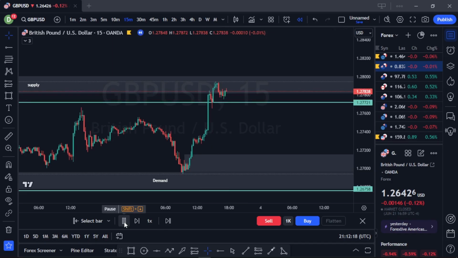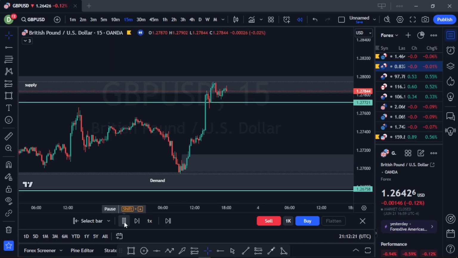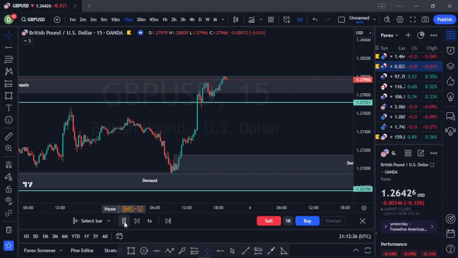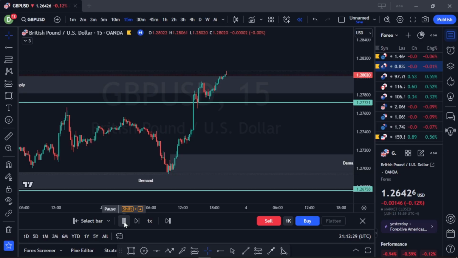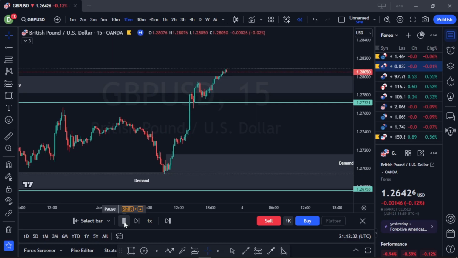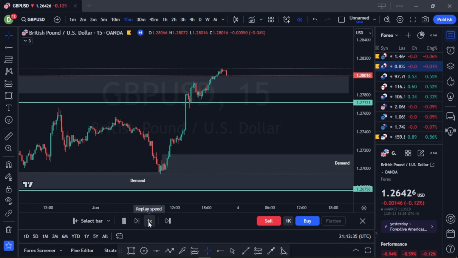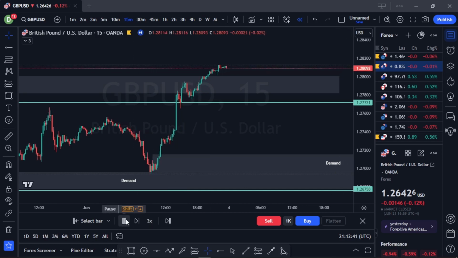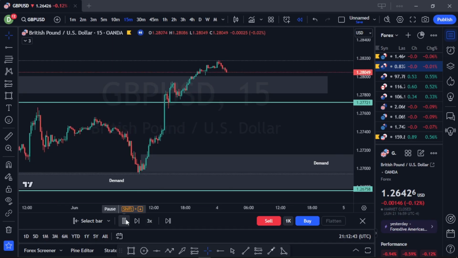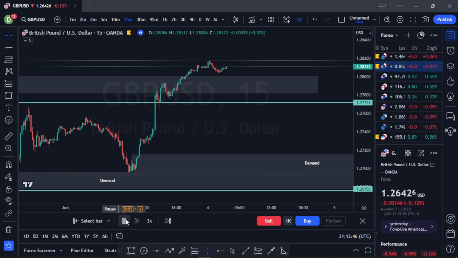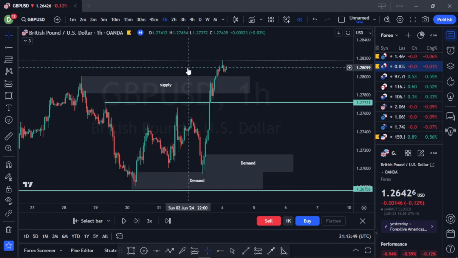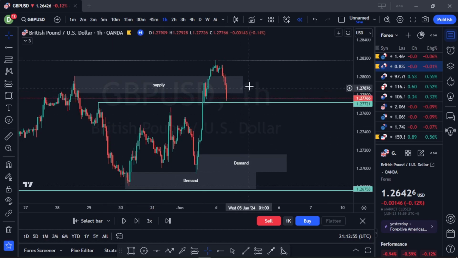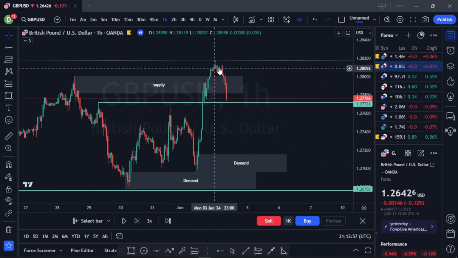So now let's see what happens. So you can see that after a long period of waiting, the market later fell back in here.